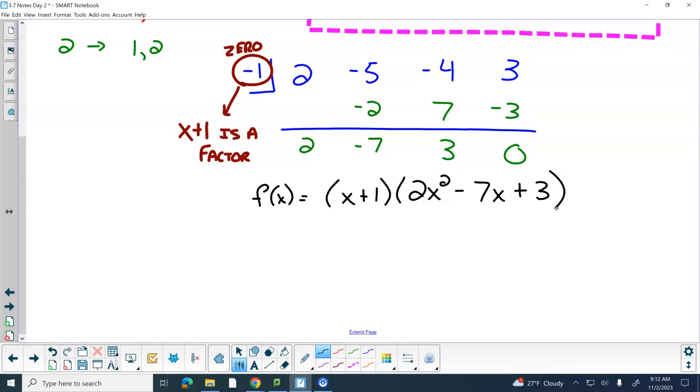Is that 2x squared minus 7x plus 3 factorable? I think so, isn't it? Right? Get negative 1, get negative 6, combined gives me negative 7. Yeah.